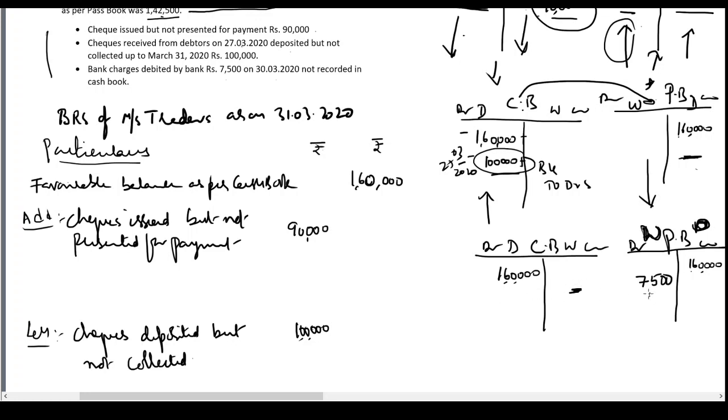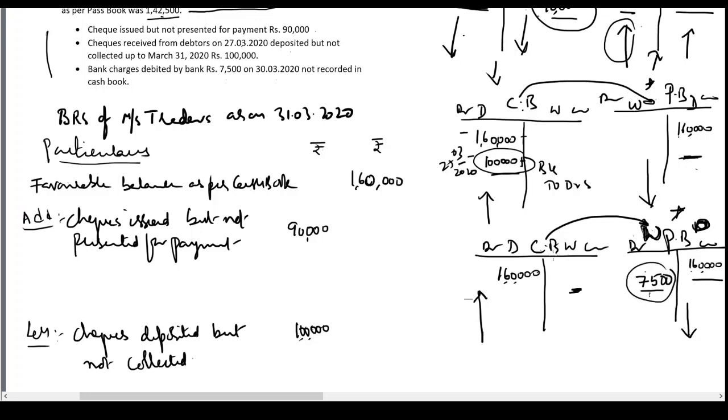So now what will happen to this balance? We started with a favorable balance, but there is a withdrawal. So balance is bound to reduce. And here the balance is comparatively higher. So now what should we do to the cash book to make it equal to the passbook is the question. Passbook balance has reduced because of this item.